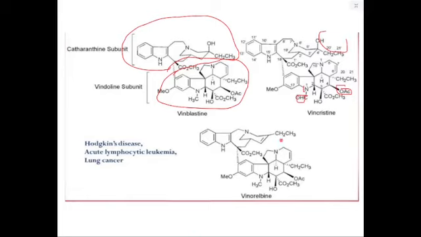So there must be another structural difference, and you find it in the position up there. Let's confirm which position that is. It is position 4'. At position 4', you look at this position here.